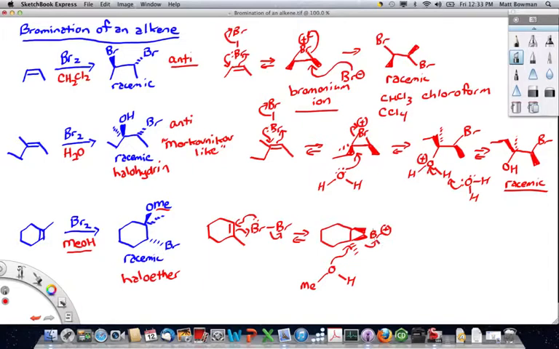Opens the ring up, you still get attack on the more substituted carbon, and the side that you attack on gets inverted because it's an SN2 reaction. And then methanol comes to deprotonate the product to give you the final product.